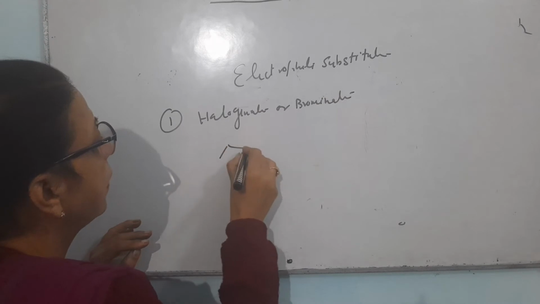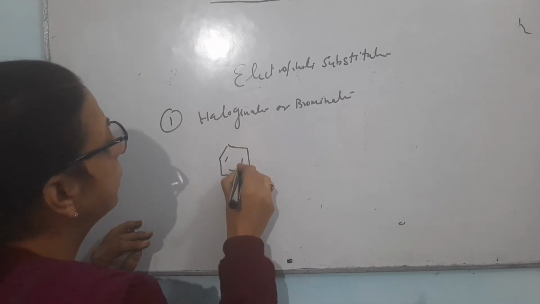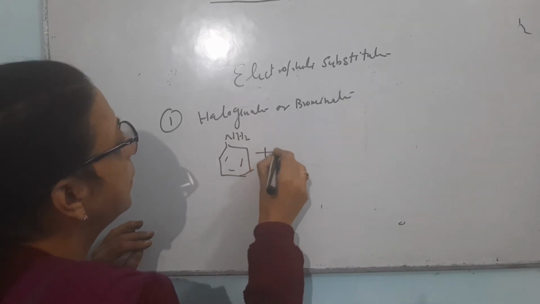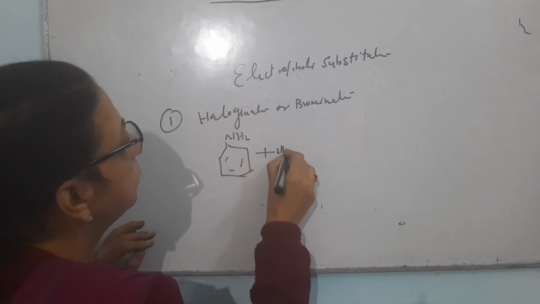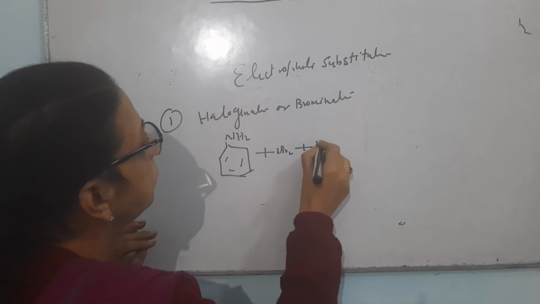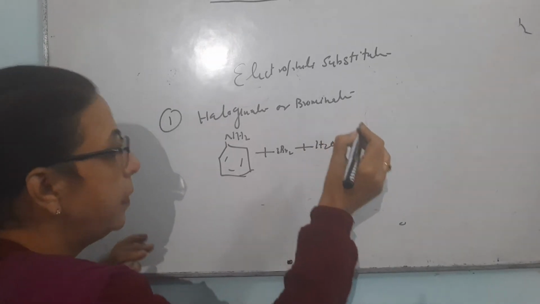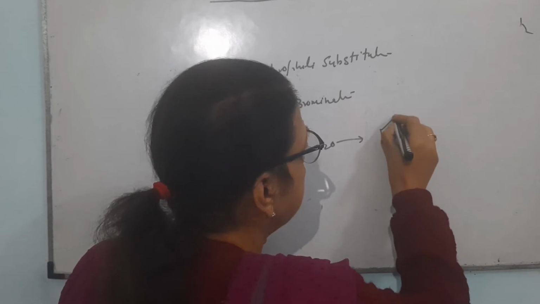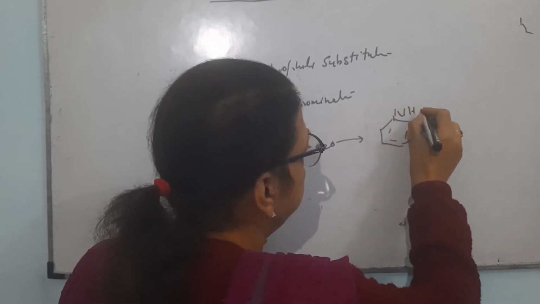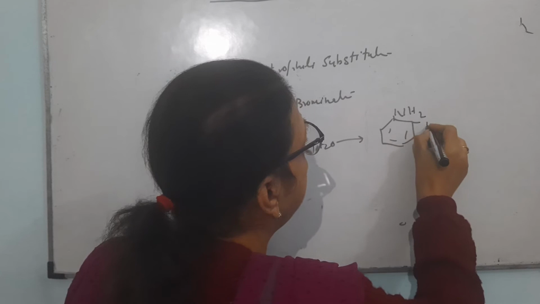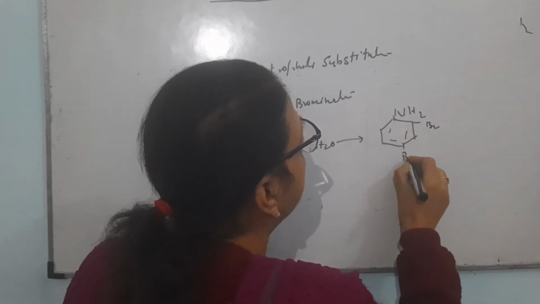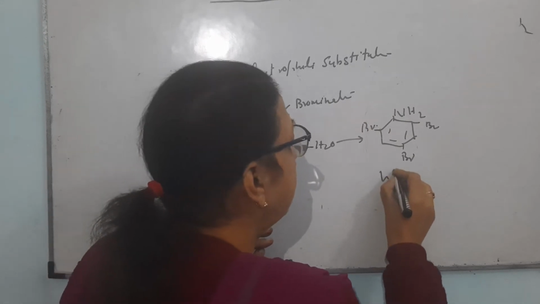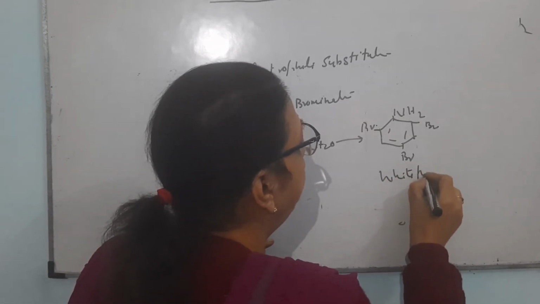If the reaction of aniline is done with bromine water, there will be formation of 2,4,6-tribromoaniline, and there will be formation of a white precipitate.